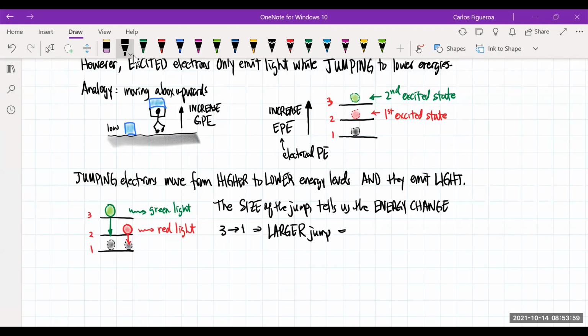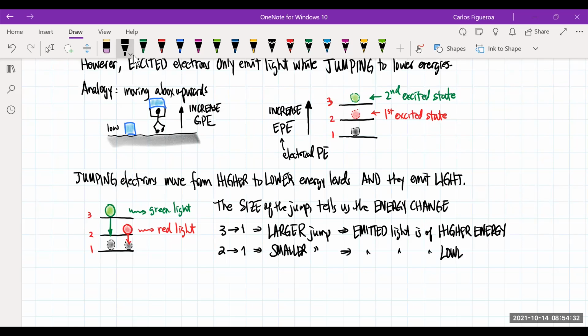So that implies that the emitted light is of higher energy. The fact that it's a big jump means that the emitted light has higher energy. And if I go from 2 to 1, well, this is a smaller jump. So the emitted light is of lower energy.